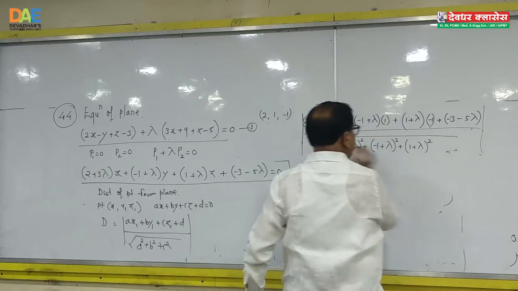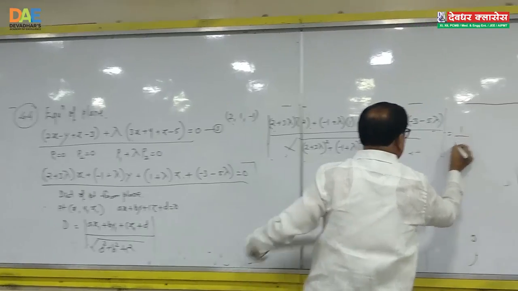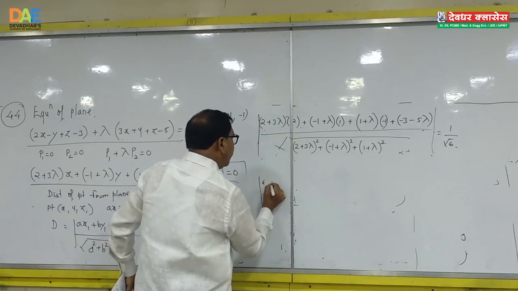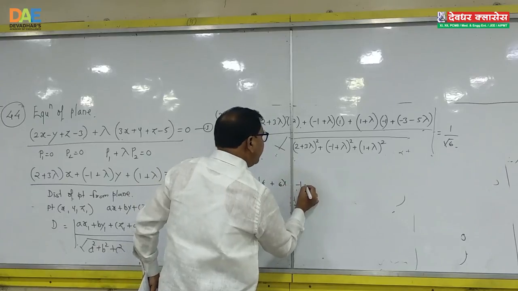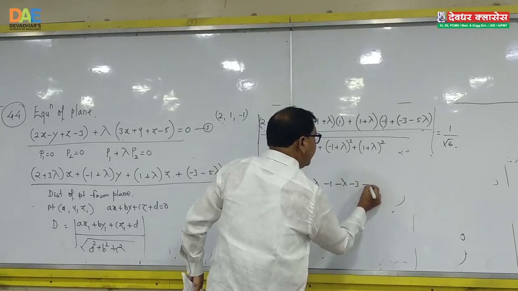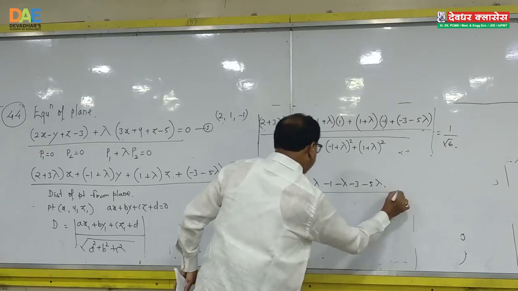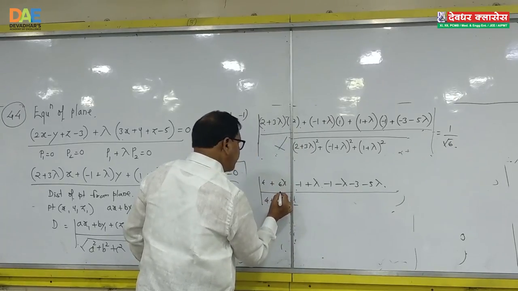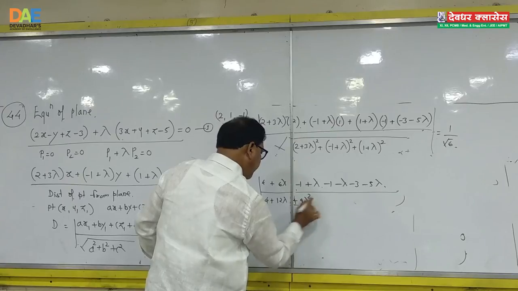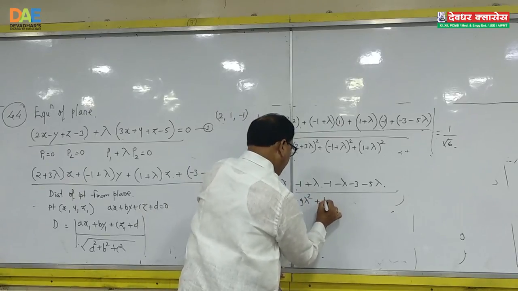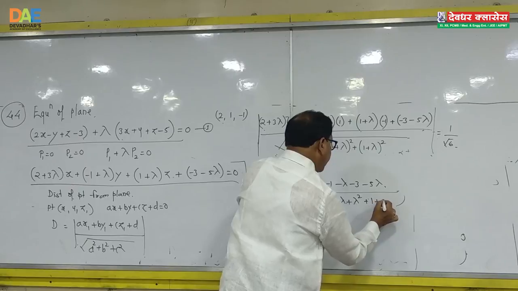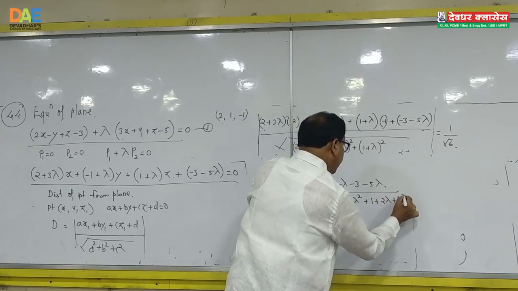This distance is equal to 1 upon root 6, given. Therefore, the modulus of, observe there, 2 twos are 4 + 6λ - 1 + λ - 1 - λ - 3 - 5λ, upon 4 + 12λ + 9λ² + 1 - 2λ + λ² + 1 + 2λ + λ².